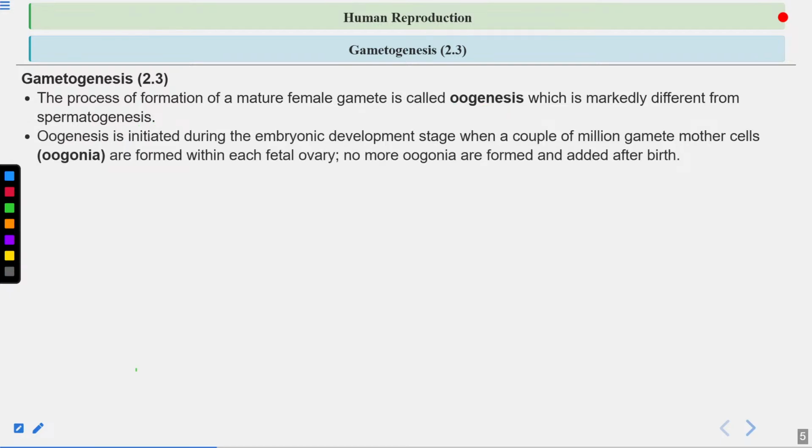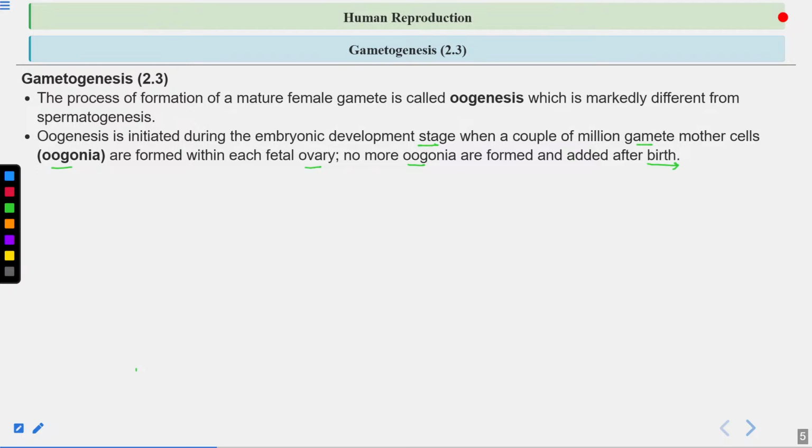Now, oogenesis is initiated during the embryonic developmental stage, when a couple of million gamete mother cells known as oogonia are formed within each fetal ovary, and no more oogonia are formed and added after birth. So this is one of the major differences between spermatogenesis and oogenesis. Oogenesis means egg formation.